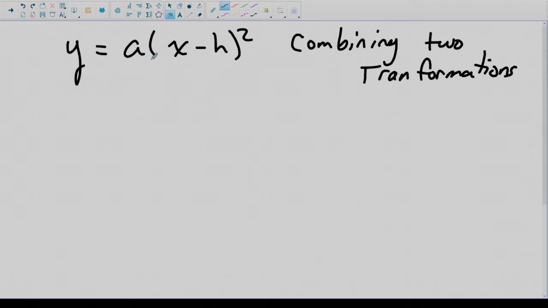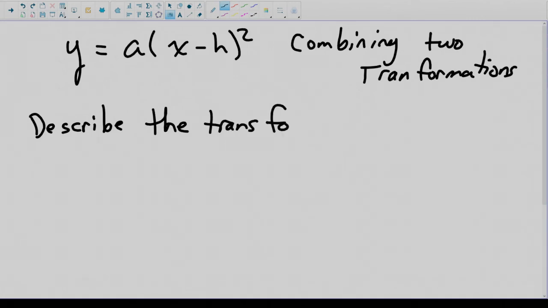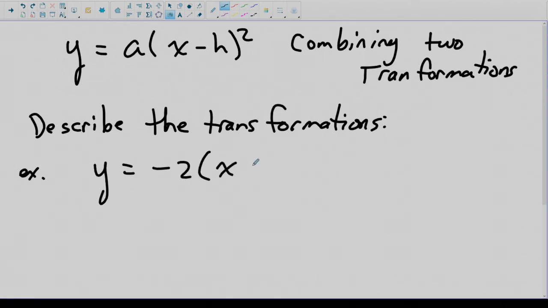Okay, but for today we're just going to end with this. So what if I asked you to describe the transformations? Okay, so let's do this one. So let's say we had y is equal to negative 2 times x plus 4 to the power of 2.